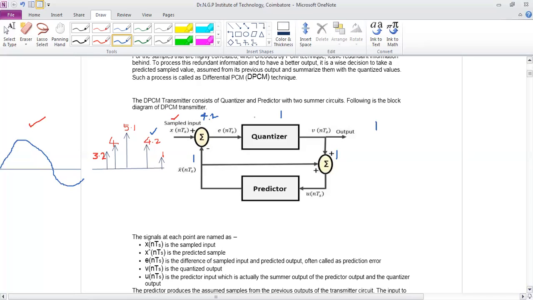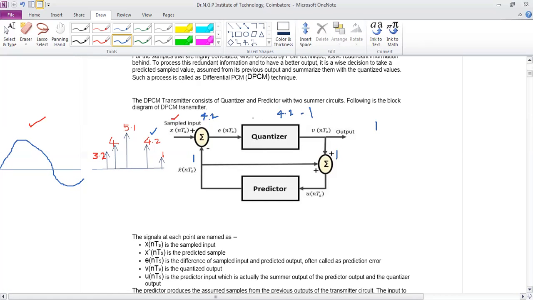The formula is always that the error signal is x of nTs minus x cap of nTs. Therefore, now the result is 4.2 minus 1, so we get 3.2.